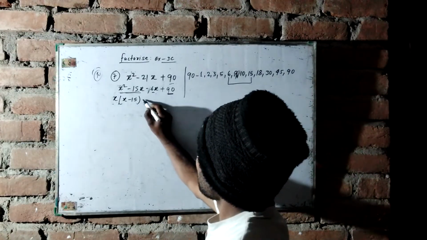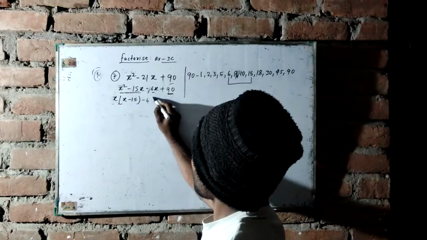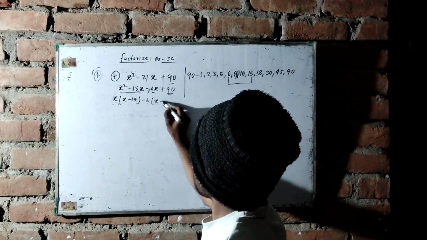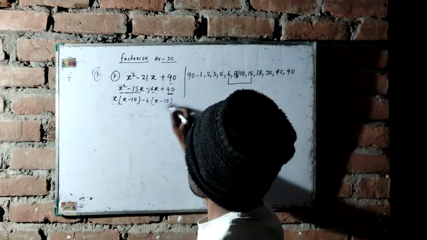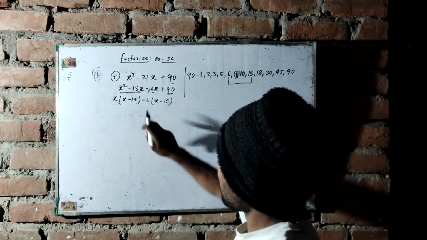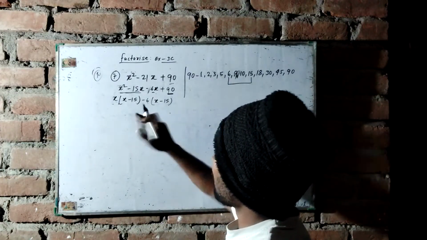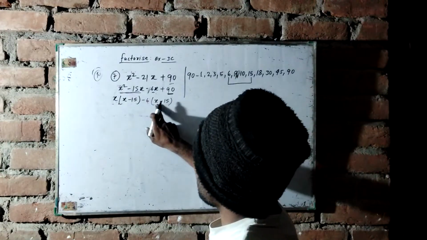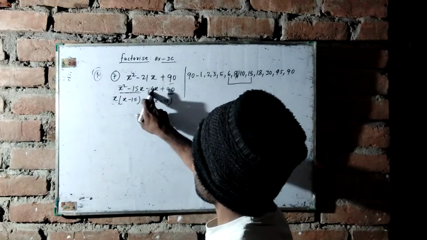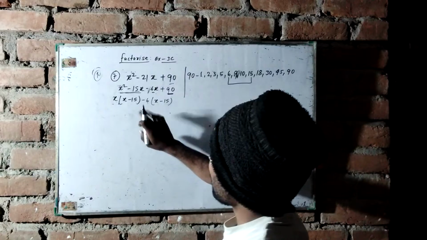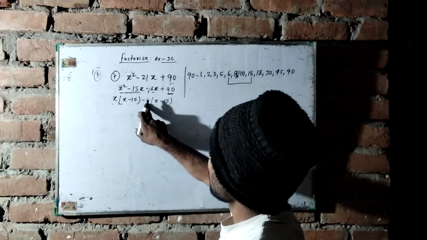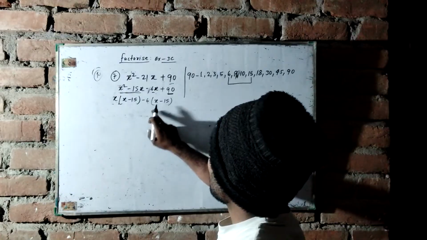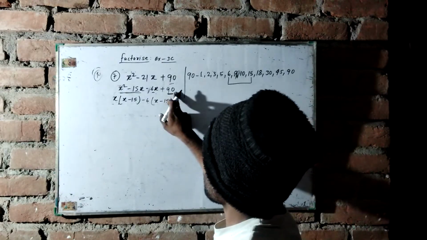So we can take minus 6 as a common and we can write x minus 15 as a multiple, because when we multiply minus 6 with x we get minus 6x, and when we multiply minus 6 with minus 15 we get the product plus 90.